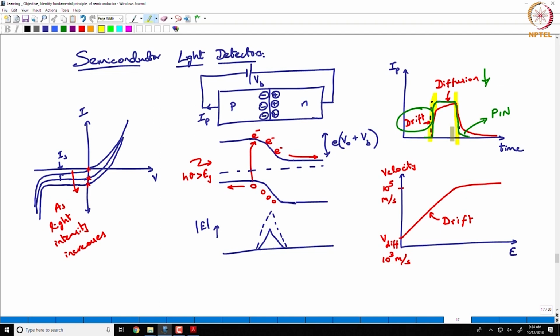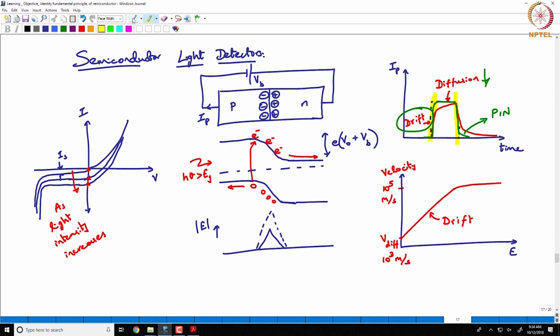Okay. So, what do we mean by the capacitance? It is basically saying that it is a structure that stores carriers, okay, stores charges, and there could be a certain delay involved in sweeping out those carriers, which you can actually attribute to a certain capacitance of the junction. Okay.